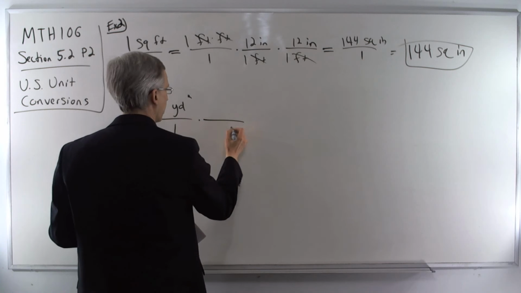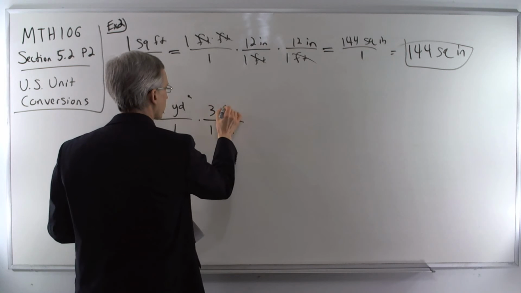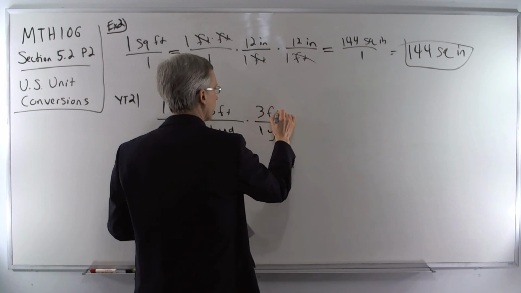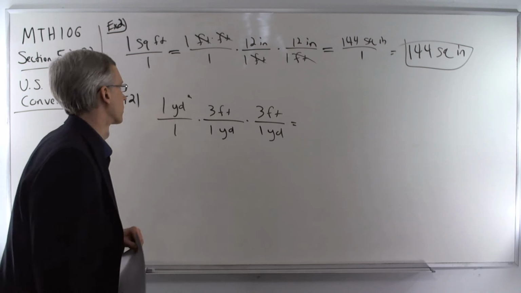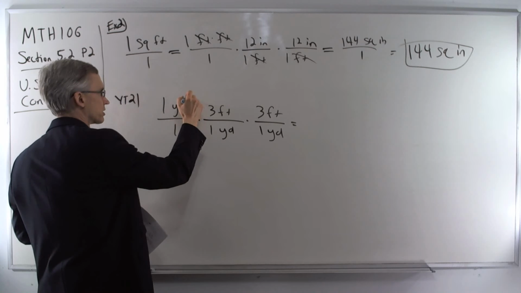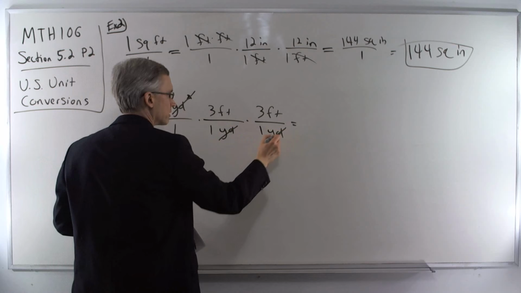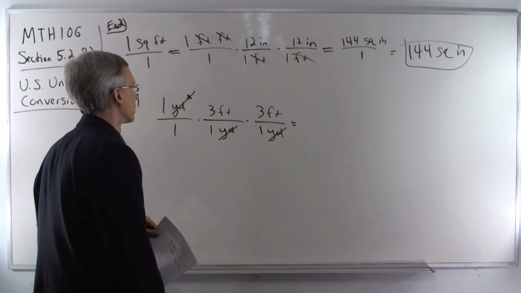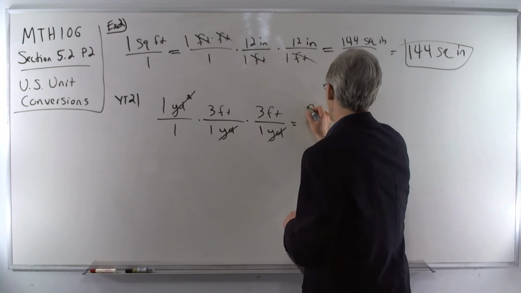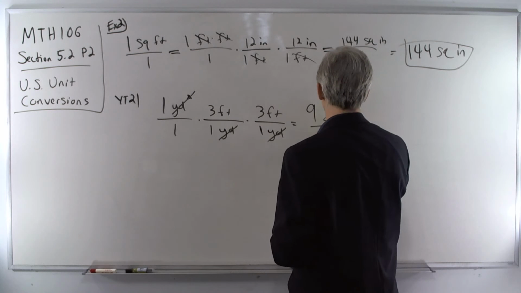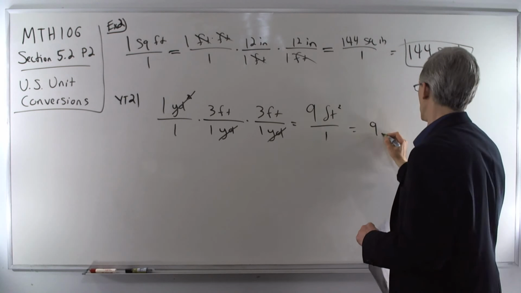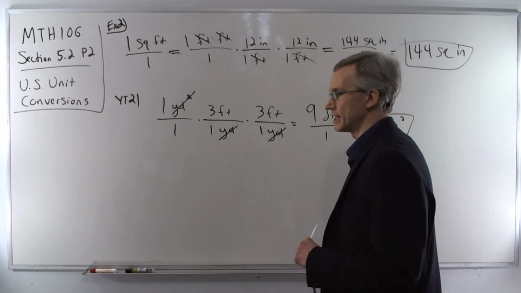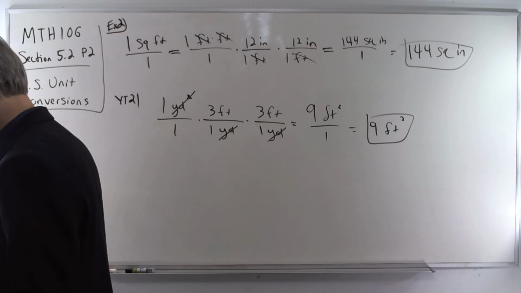Now we're going to multiply by 1 yard is equal to 3 feet, and then do it again, 1 yard, 3 feet. All right, yards squared, there's 2 of them, so we're just going to cancel both of those. And we're left with feet times feet, feet squared. Multiplying straight across, 3 times 3 is 9 feet squared over 1. So that means 1 square yard is equal to 9 square feet.